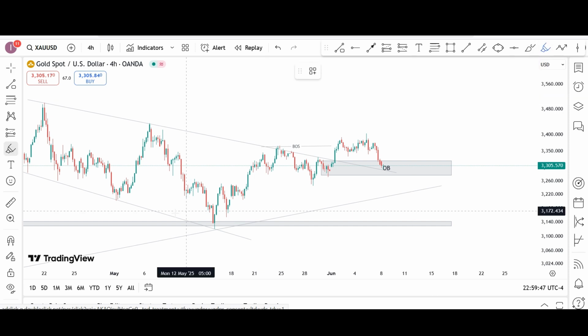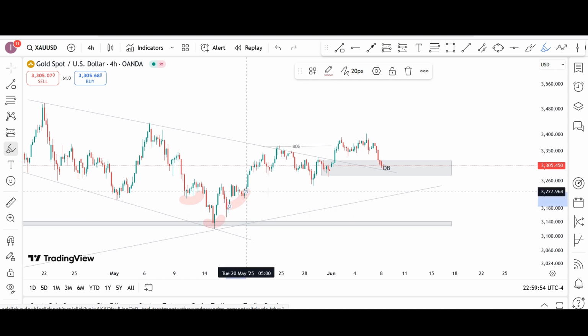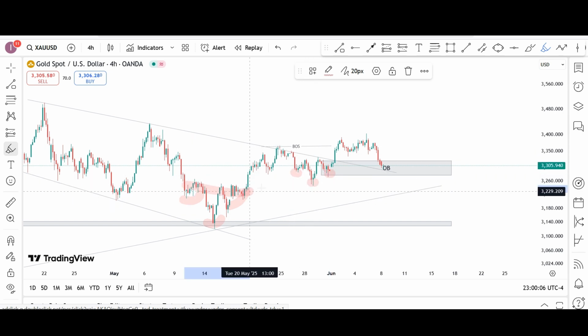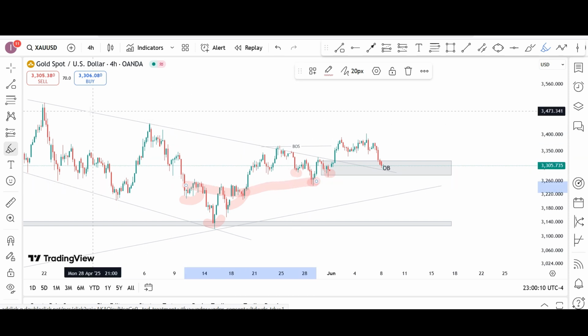And look at something right here. We have this inverse head and shoulder. After this inverse head and shoulder, price came back, made a push to respect the neckline.